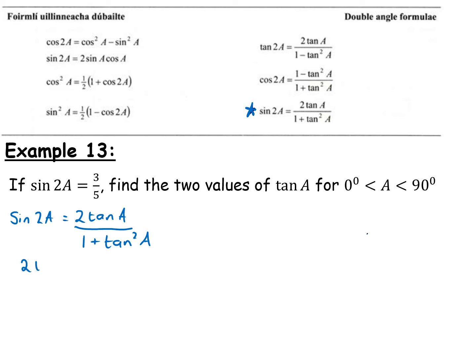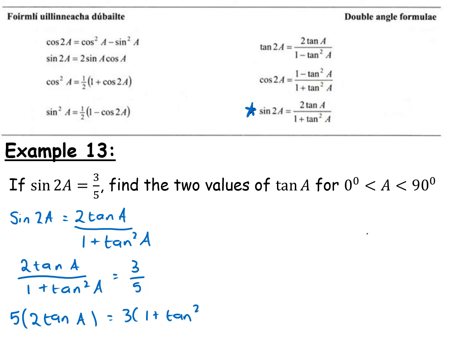So we know 2 tan of a over 1 plus tan squared a is going to equal 3 over 5. Multiplying both sides by the denominators gives us 5 times 2 tan of a and 3 times 1 plus tan squared a. Multiplying that out, we get 10 tan a equals 3 plus 3 tan squared a.